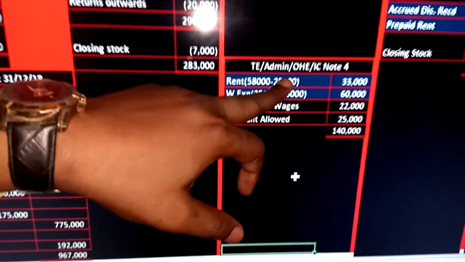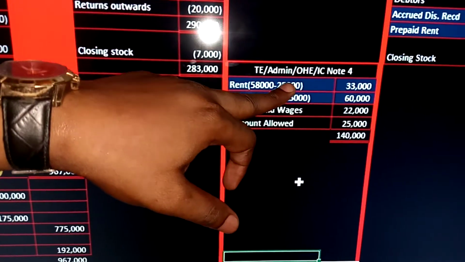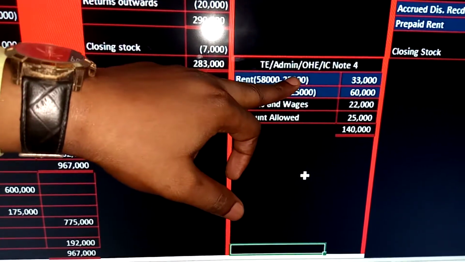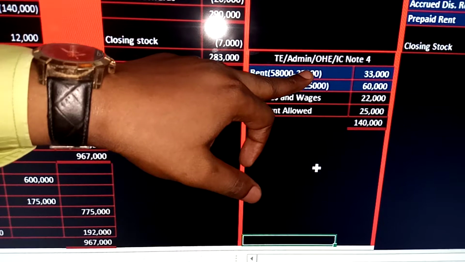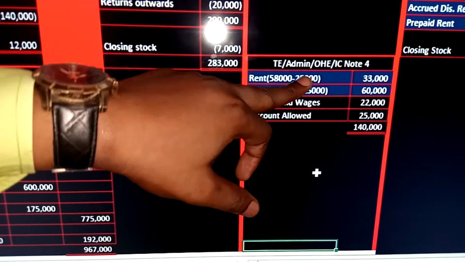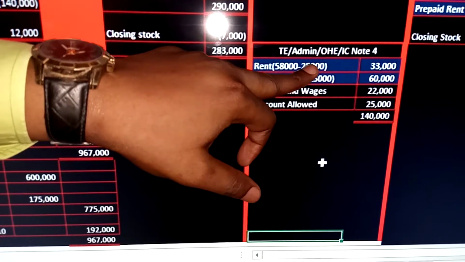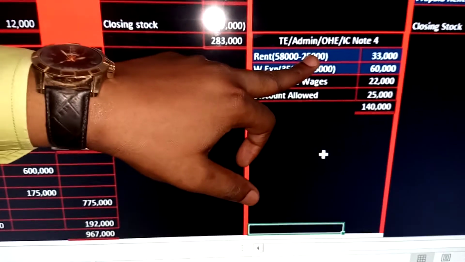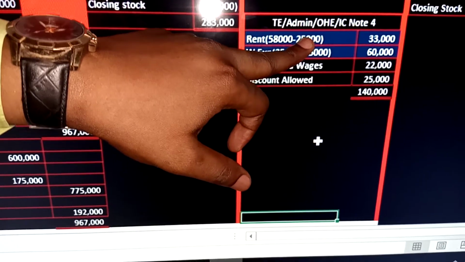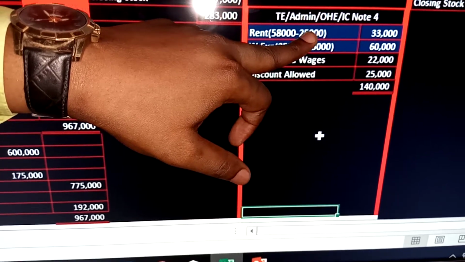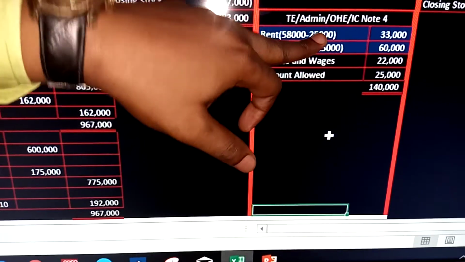And remember, this 25,000, because it's at the end of the year, has a balance sheet effect. It is prepaid. We have paid for the expense in advance. So it means that the person we paid to is owing the business. That makes that person a debtor. And debtors are current assets. So this 25,000 will appear as a current asset item.